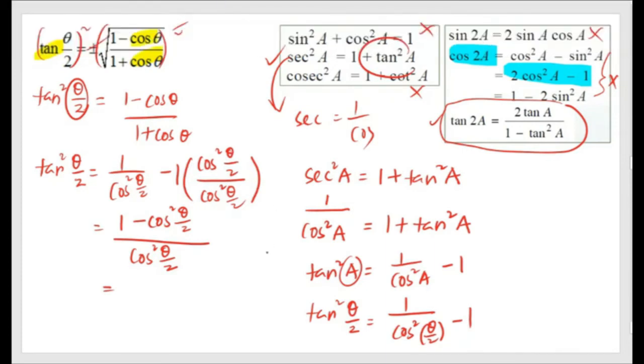From here it is a bit complicated. So this one: cos theta equals 2 cos square theta over 2 minus 1. Okay, cos square theta over 2. So now you will have cos square theta over 2 equal to cos theta plus 1 over 2.